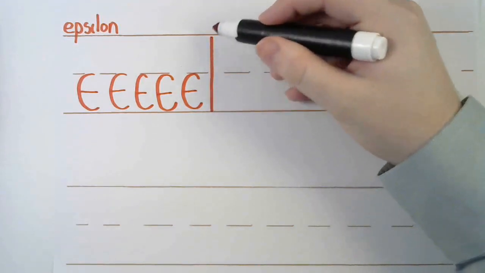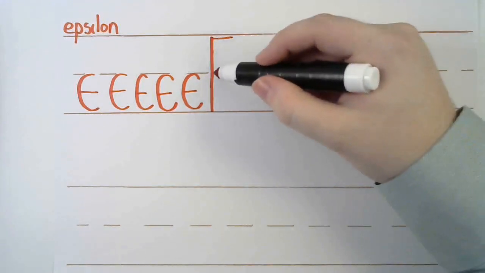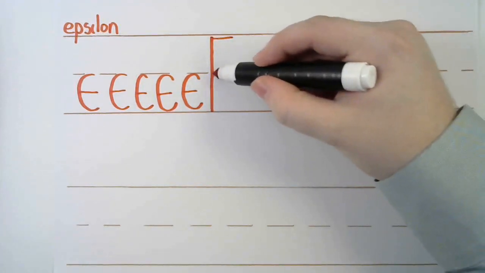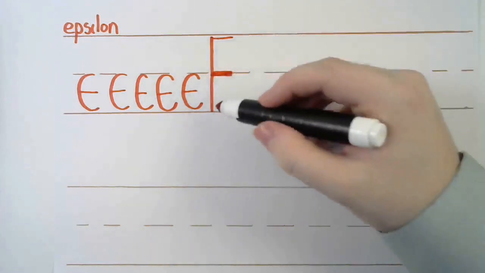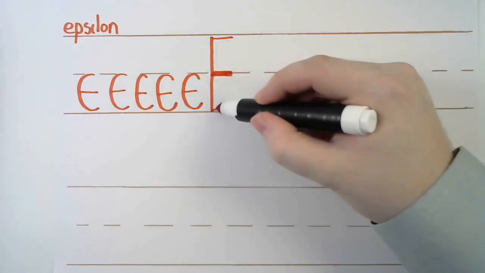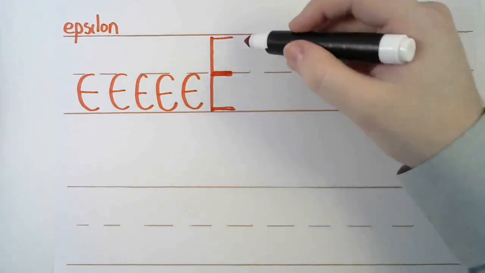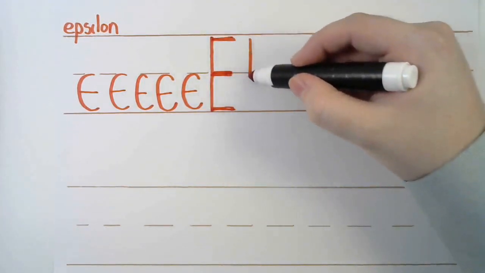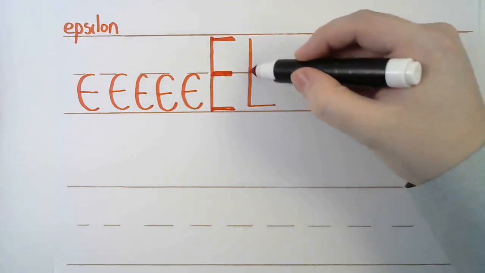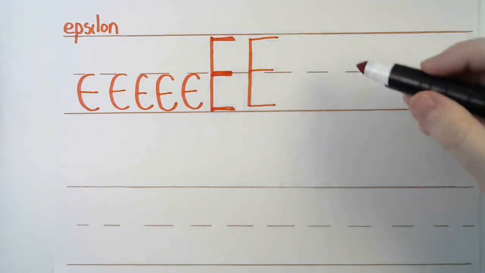I'm going to start at the bottom. You come over, make a line here. Let me make that a little more bold so you can see it over the guideline, and a line at the bottom. It looks just like a big E. That's capital epsilon.